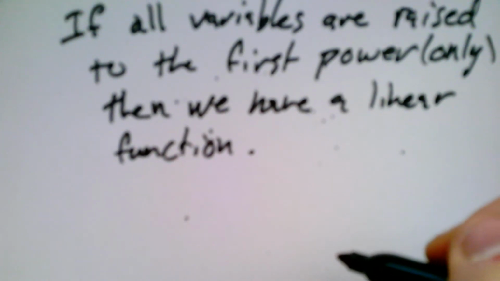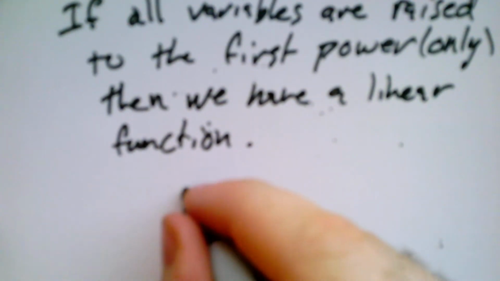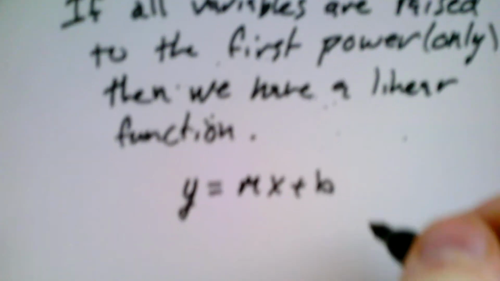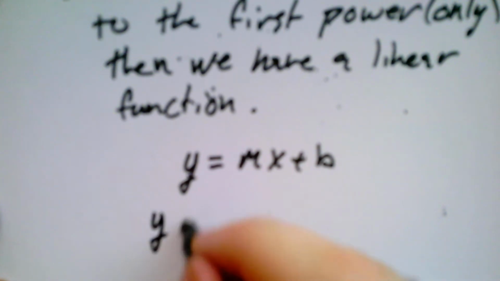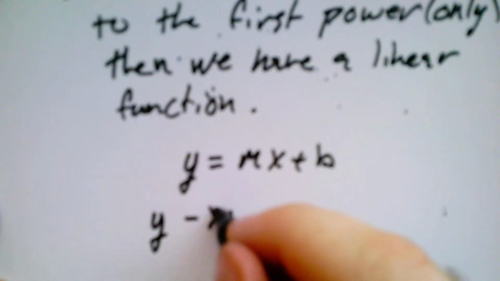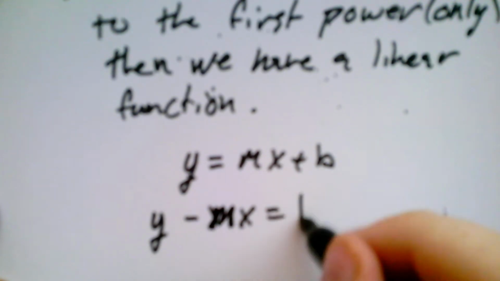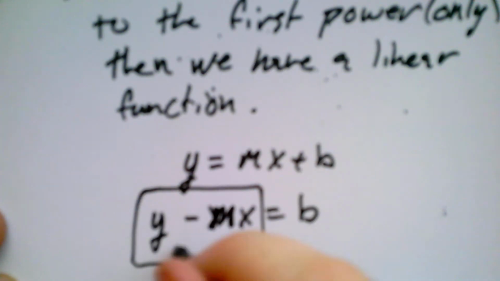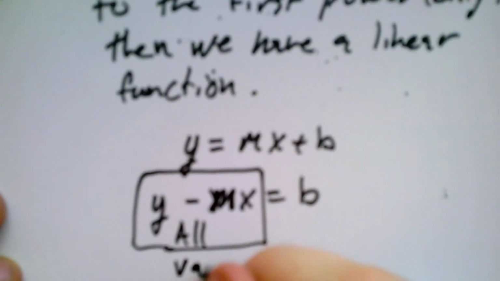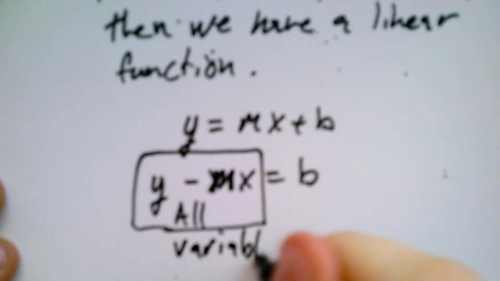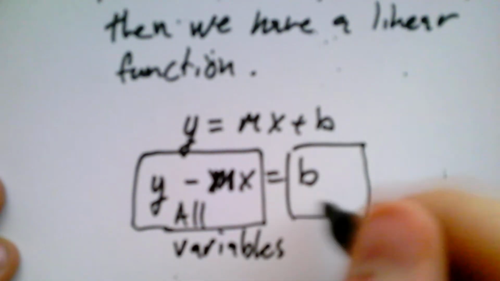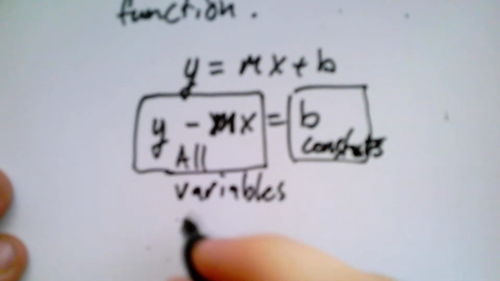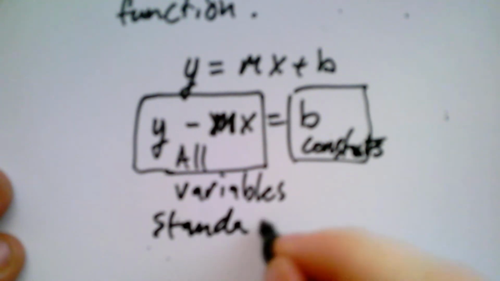Okay, and so the way that we want to think about this is that, let's say we have a line, so y equals mx plus b. What we can do with this line is we can rewrite it as y minus mx equals b. And we have all of our variables on one side of the equation, and then our constants on the other. This is called standard form, or standard form of a line.